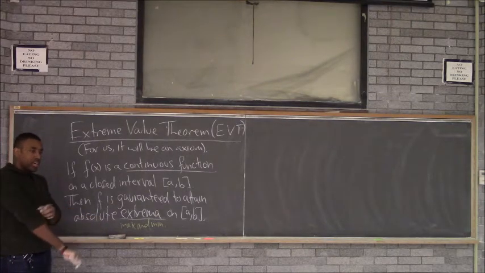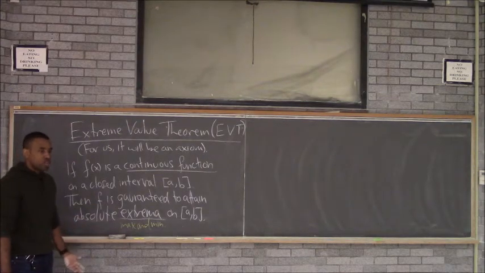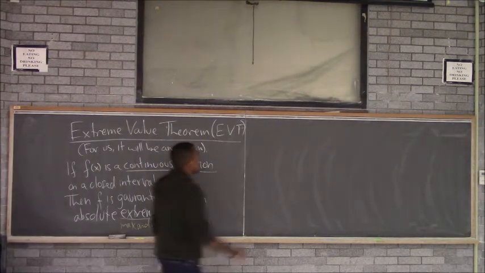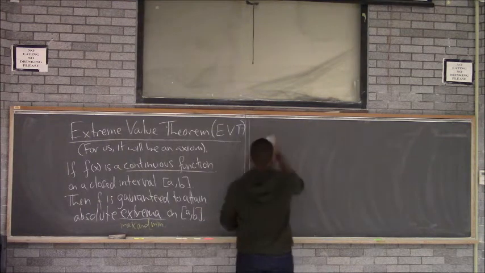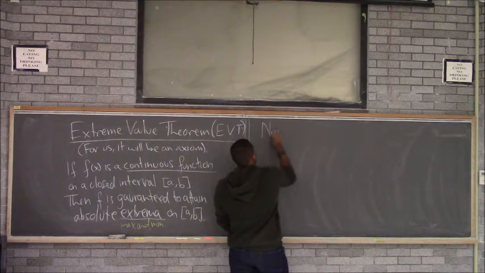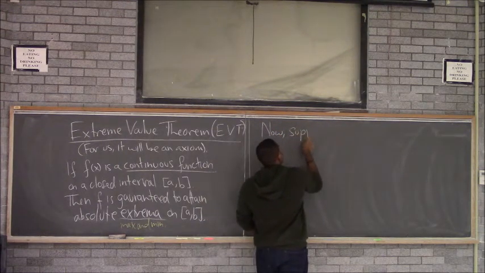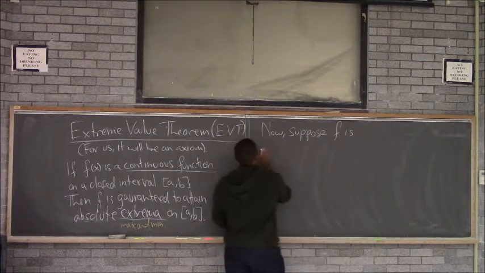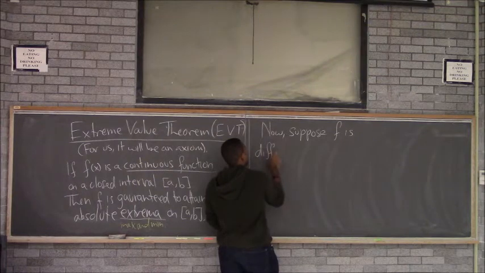Like I said, if we're looking at a quadratic, x equals minus b over 2a. We know that. What if we're looking at something else? So that's the name of the theorem. You should just know the statement. Now, suppose in addition to continuity, f is differentiable on the interval.